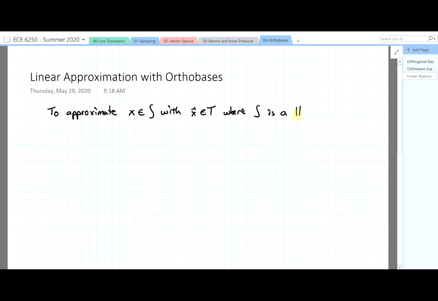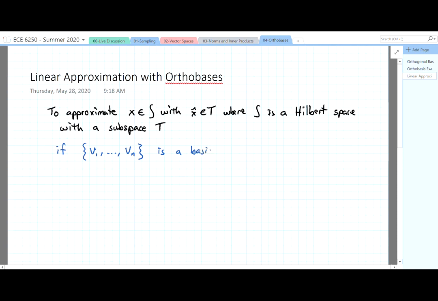So assume we have a Hilbert space with a subspace T. Then, if some set of vectors v1 up to vn is a basis for T, then an x hat within T is going to be A1 v1 and so on, up to An vn.